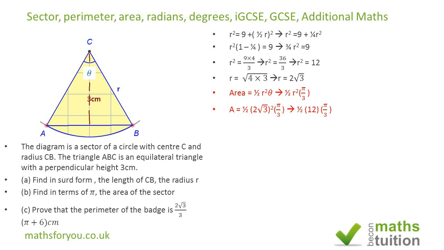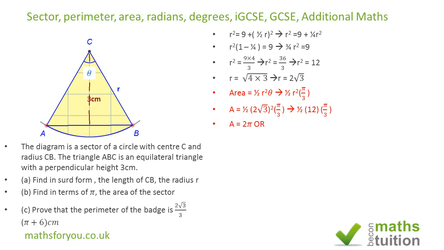So we end up with A equal to a half, and R squared, because R is 2√3, if you square that you get 12. So the area is a half times 12 times pi/3. Now 2 times 3 is 6, 12/6 is 2. So the answer is then 2 pi.